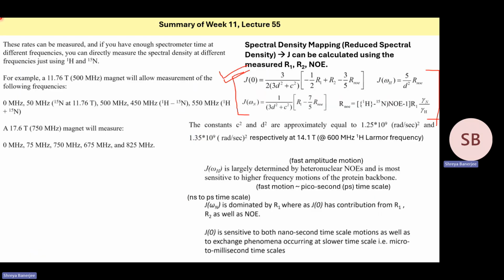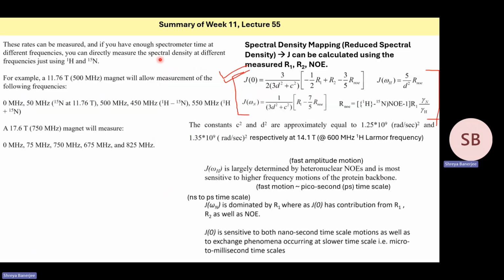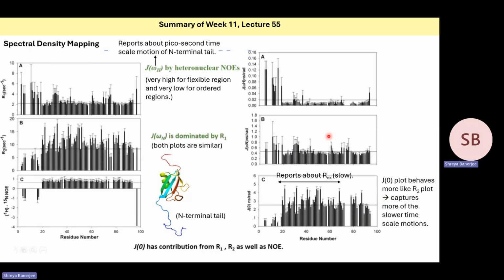So J omega H is reporting about very fast motion in the picosecond time scale, the picosecond time scale motion of the N-terminal tail.